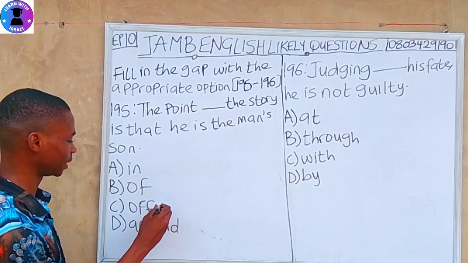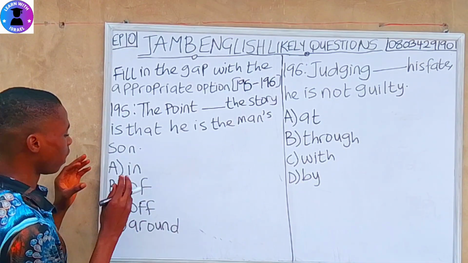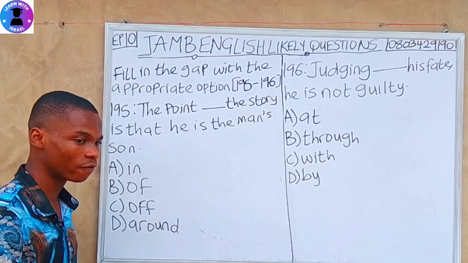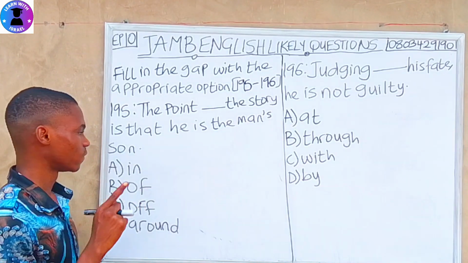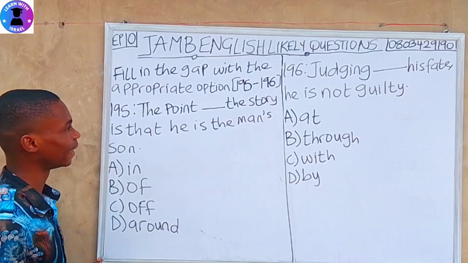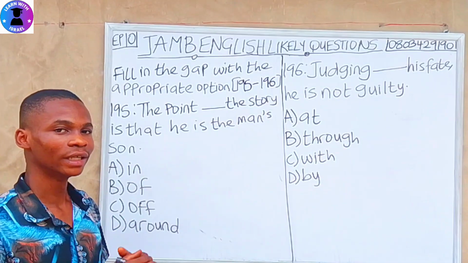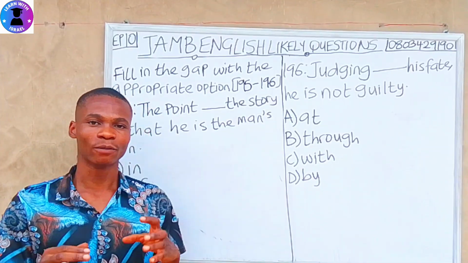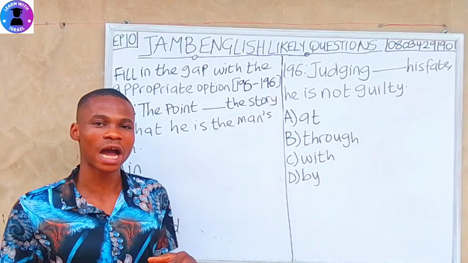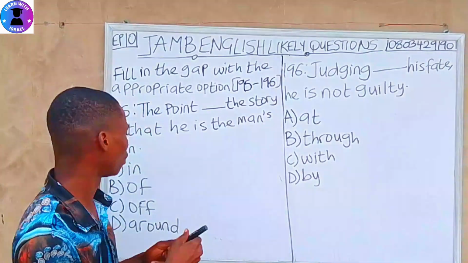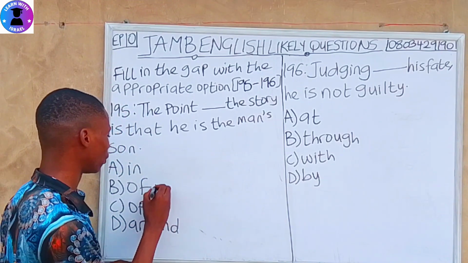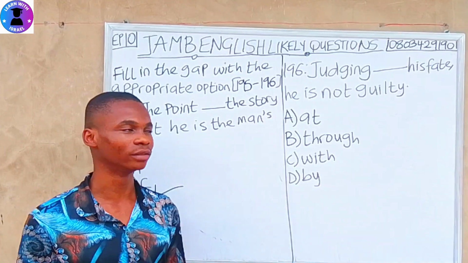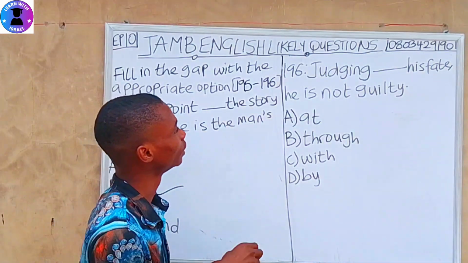Yes. Let's check the remaining. Option C, the point of the story. Of. So the point around the story is also wrong. The correct one is the point of the story. When we say the point of the story, it means the main idea of the story. So of is the correct answer. The point of the story is that he is the man's son. Let's move to the next one.